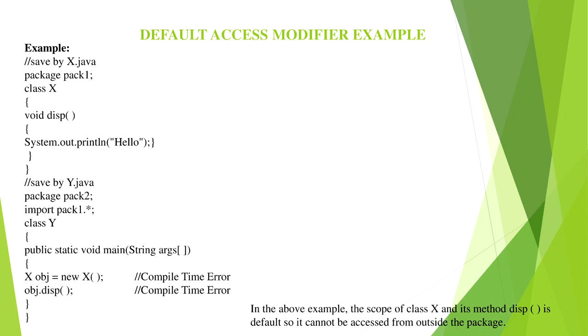Here I create an object of class X, obj equal to new X, but this statement creates a compile time error. Again, if I call obj.disp using that object, it creates a compile time error, because the scope of class X and its method disp is default.